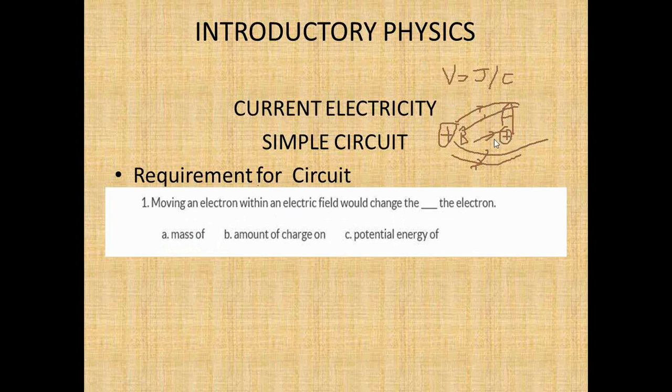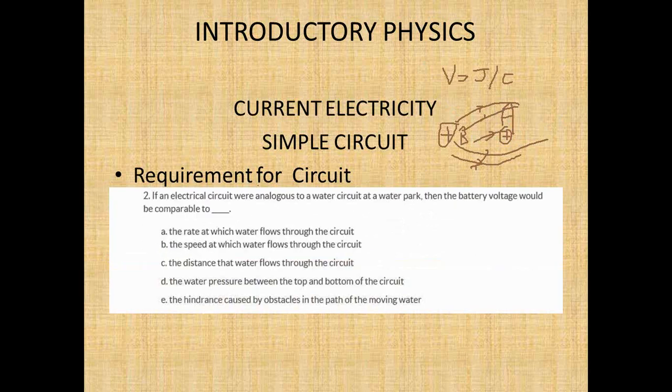So you can just think of the electron as your positive test charge. For us to move it anywhere, we're going to have to expend energy. So that is why moving the electron within the electric field, you're going to change the potential energy, because electric potential is location dependent. Okay, all right, the next question.